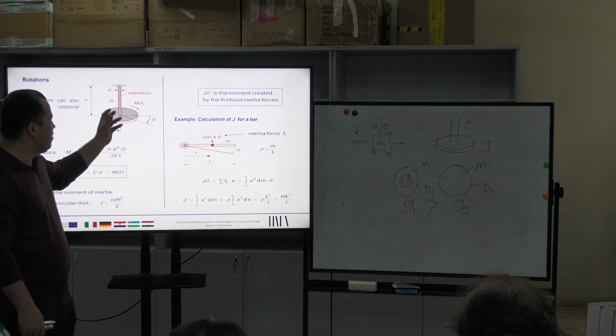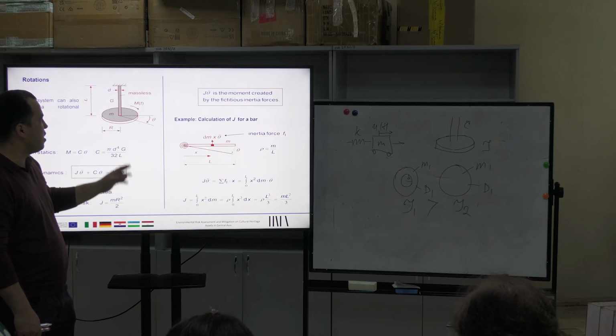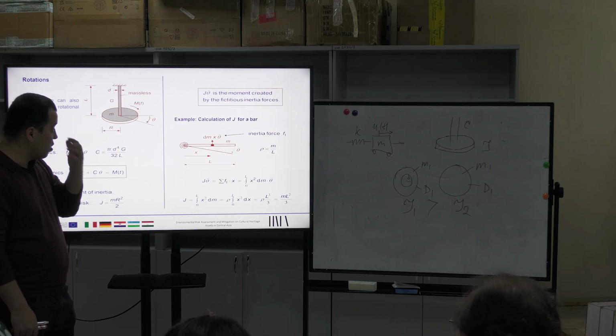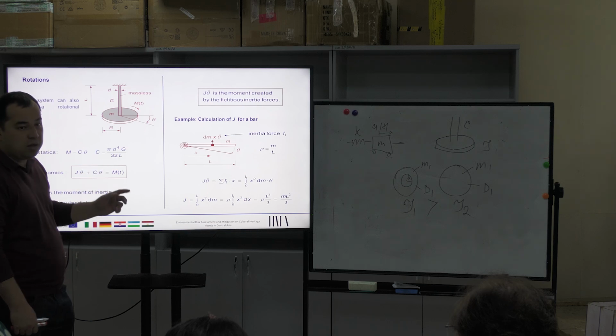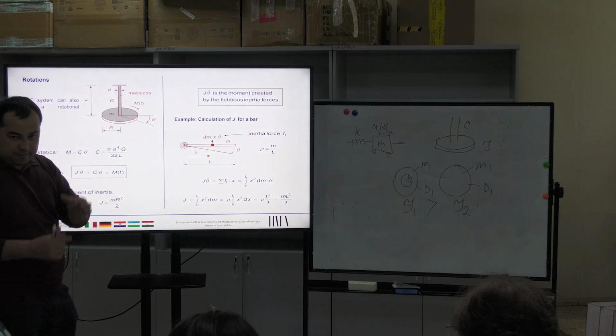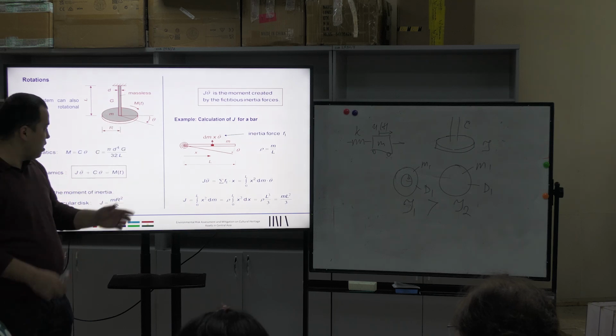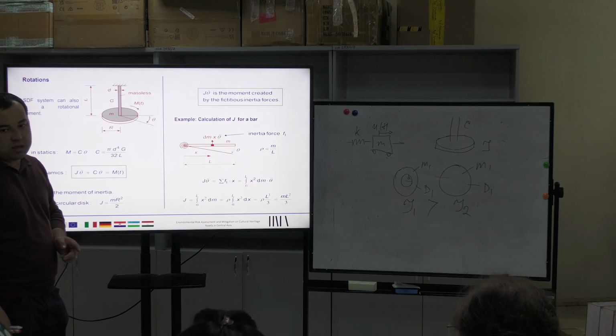For different type of disk and different type of sectional torsional spring, we have different type of C. If this is quadratic, not circular, this coefficient is going to change.